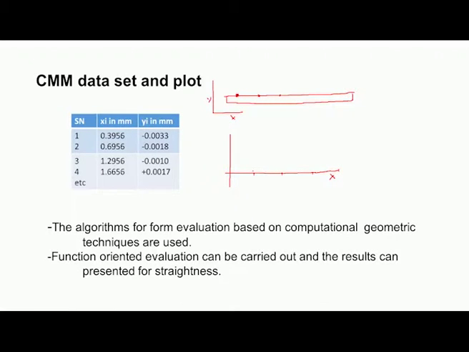The y value is negative, that is 0.003. So, this is say 0.001, 0.002 and 0.003. So, the point will be somewhere here. This is the first point, and the second point will be somewhere here, and the third point, and the fourth point is here.